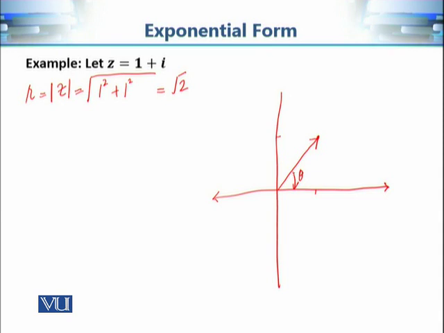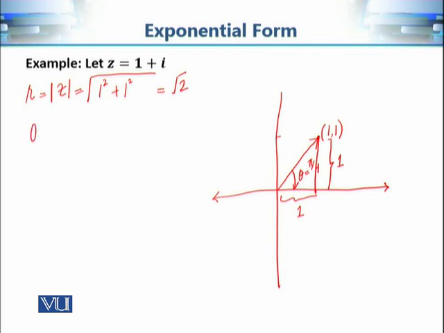Now let's see how to calculate this angle theta. The coordinates of the head of this vector are 1, 1. So in other words, this length is 1 and this length is also 1. Now we know that in this triangle, theta is equal to pi by 4, or in other words 45 degrees.